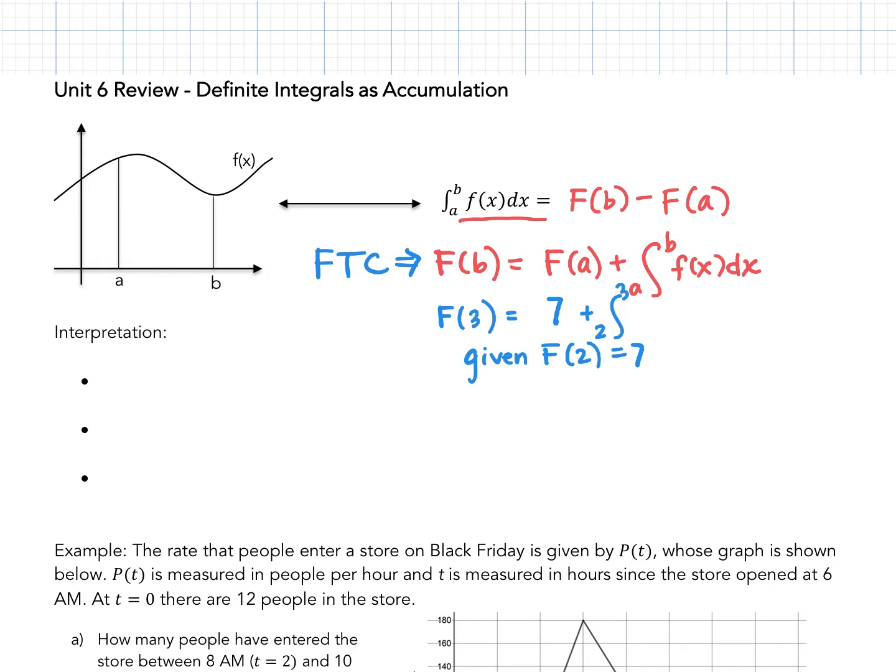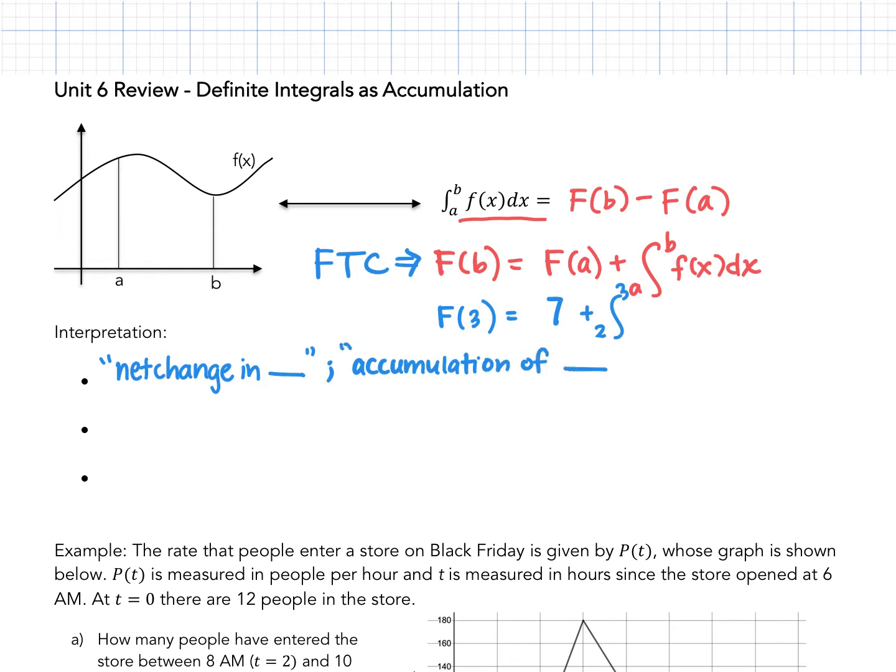Now the interpretation, remembering what this means for an accumulation problem. You're going to see words like net change in blank, or accumulation of blank.